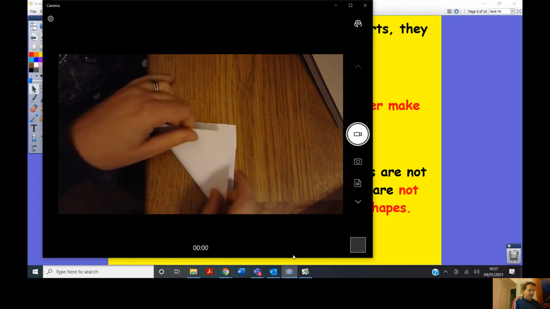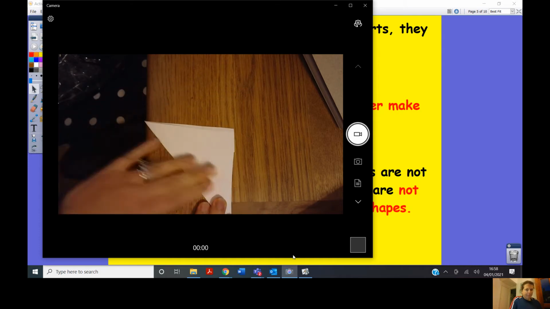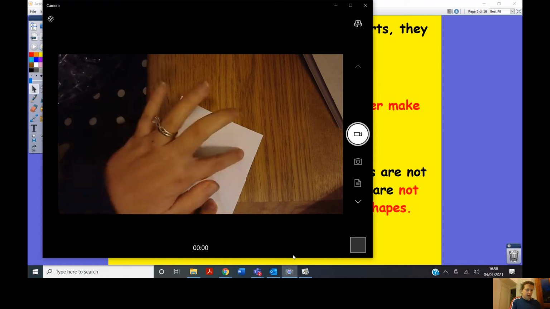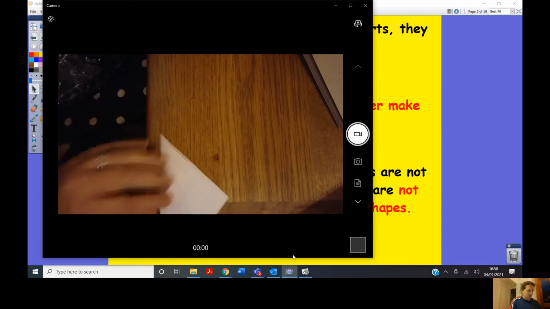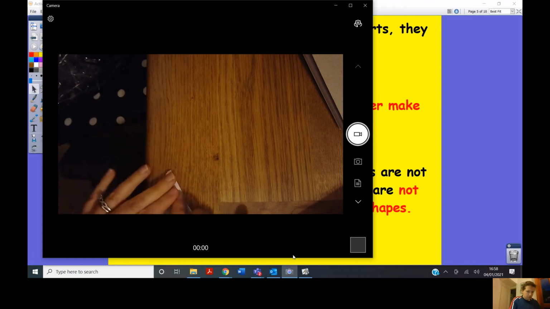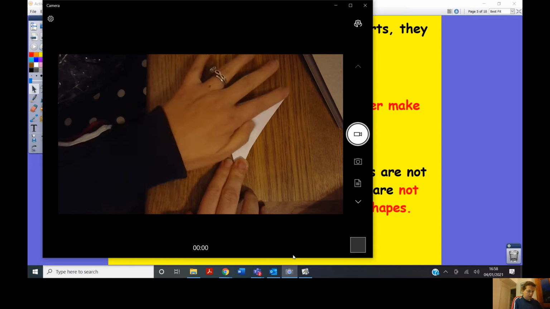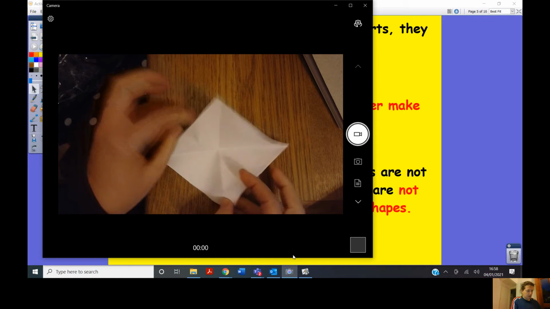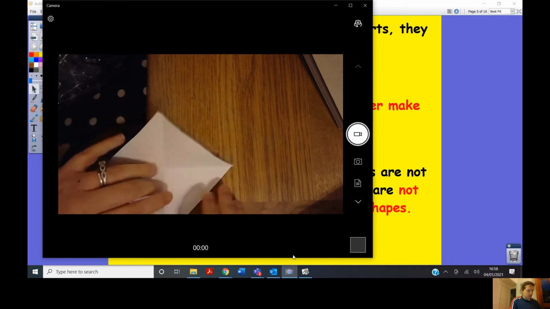We can fold our square another way. 2 equal parts. Four equal parts. 1, 2, 3, 4.